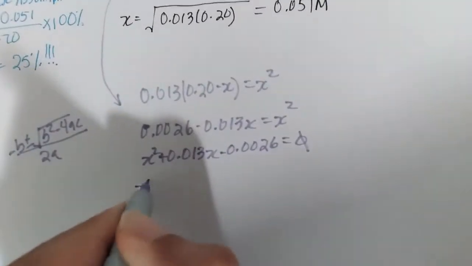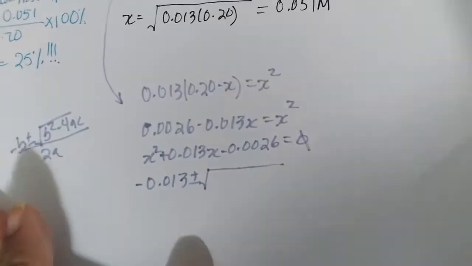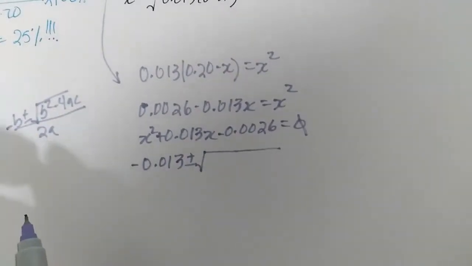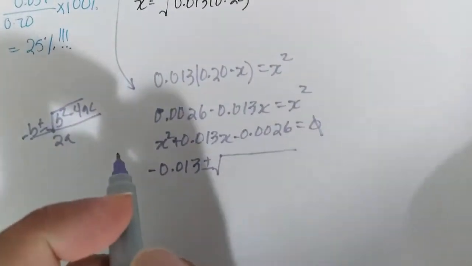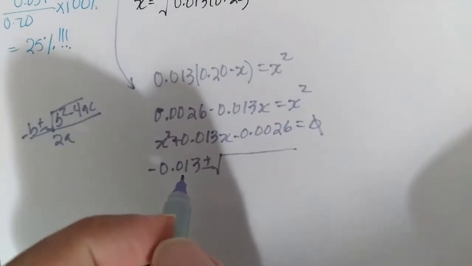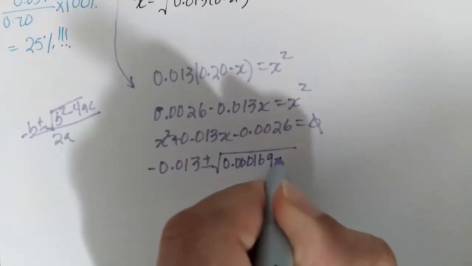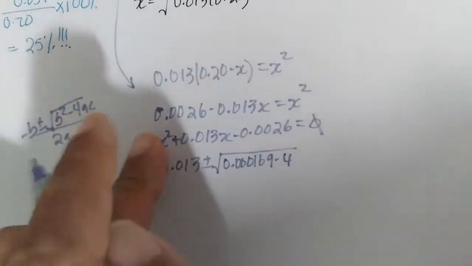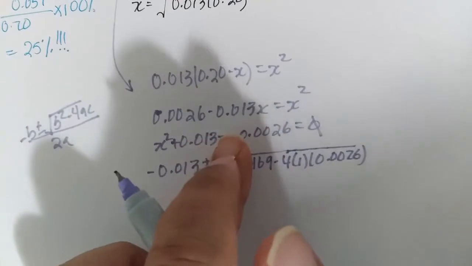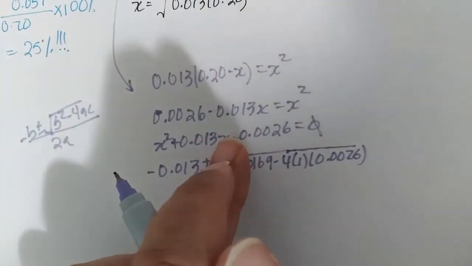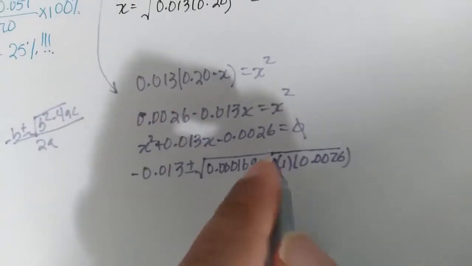So minus b is minus 0.013 plus or minus the square root of b squared minus 4ac. This square root of b squared minus 4ac is called the discriminant. That's just a math term. So 0.013 squared minus 4a, a is 1, c is minus 0.0026. Putting a minus here converts that to a plus.